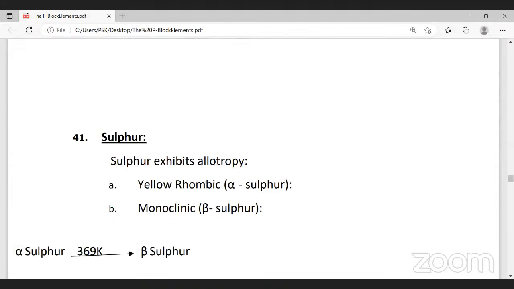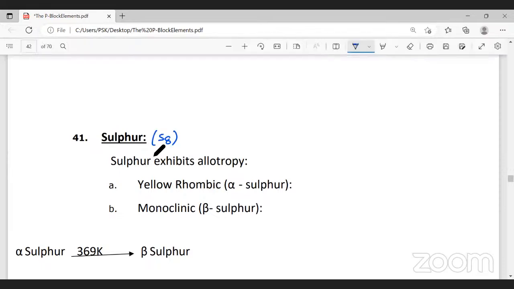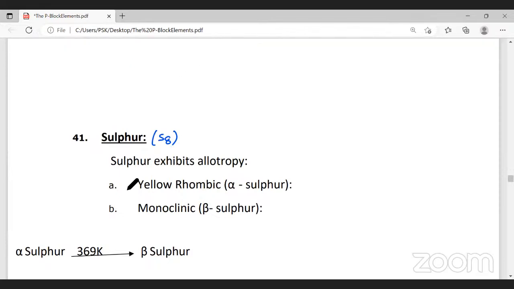Sulfur is also a 16th group element, and sulfur exists as S8. Sulfur exhibits allotropic forms: rhombic (yellow rhombic sulfur) and monoclinic sulfur, which is also called beta sulfur. Sulfur exists as S8.